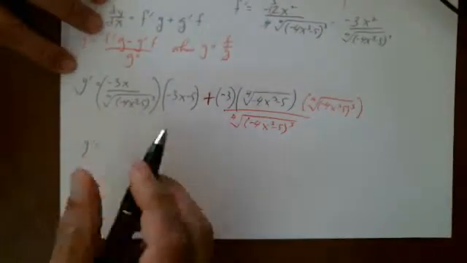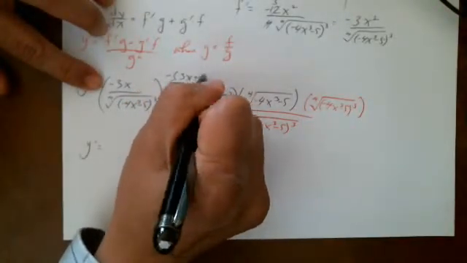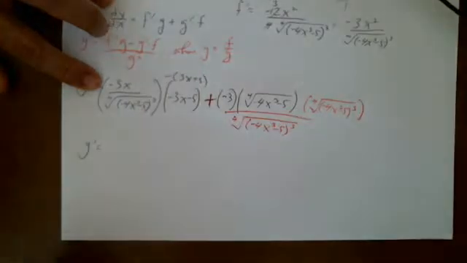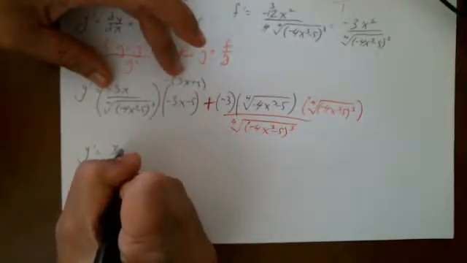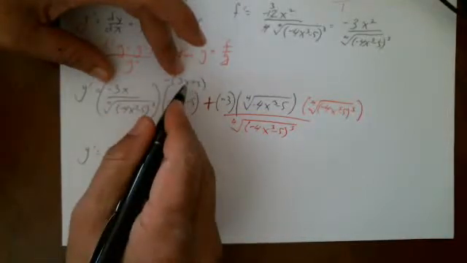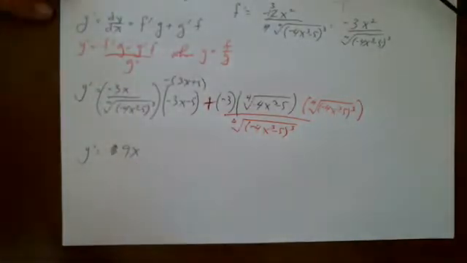So y prime is equal to, I'm going to factor out a negative 3x plus 5. Negative and negative cancel. You're going to end up with 3 times 3 is, excuse me, 9x. Looks like I'm making a little bit of a mistake somewhere.